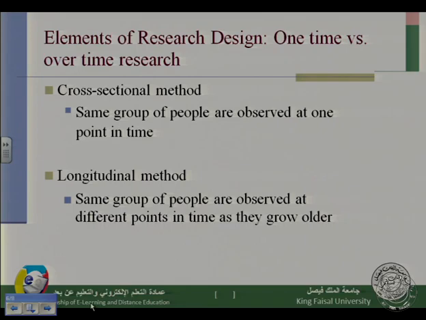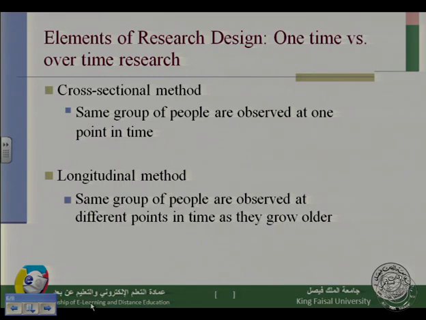Waiting 10 years is called the longitudinal method. You go with them year by year until they reach the age that you want, maybe age 8, maybe age 16, or age 7. It depends on your research objective.